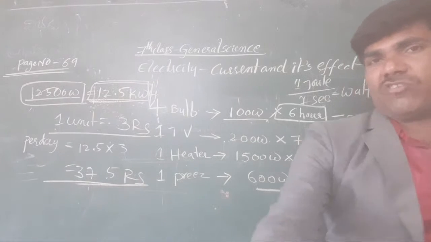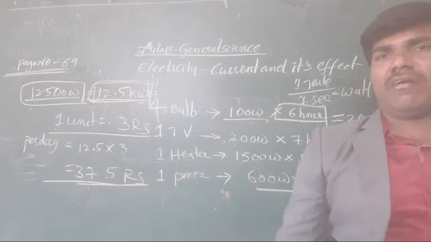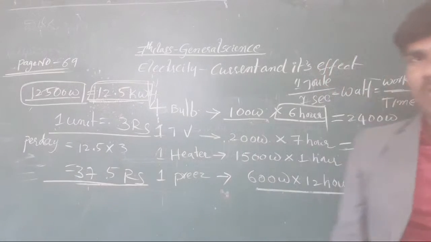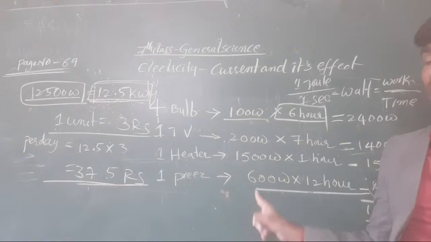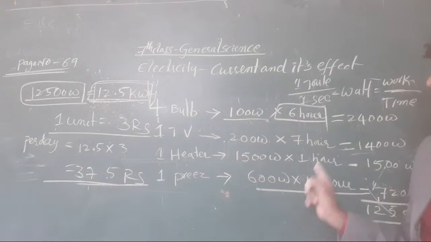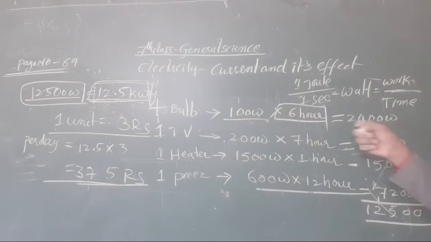I hope you understood. In this way only we calculated our current bill. You must know the individual consumers' power required and how many hours they are working. From that you get the kilowatt hours.